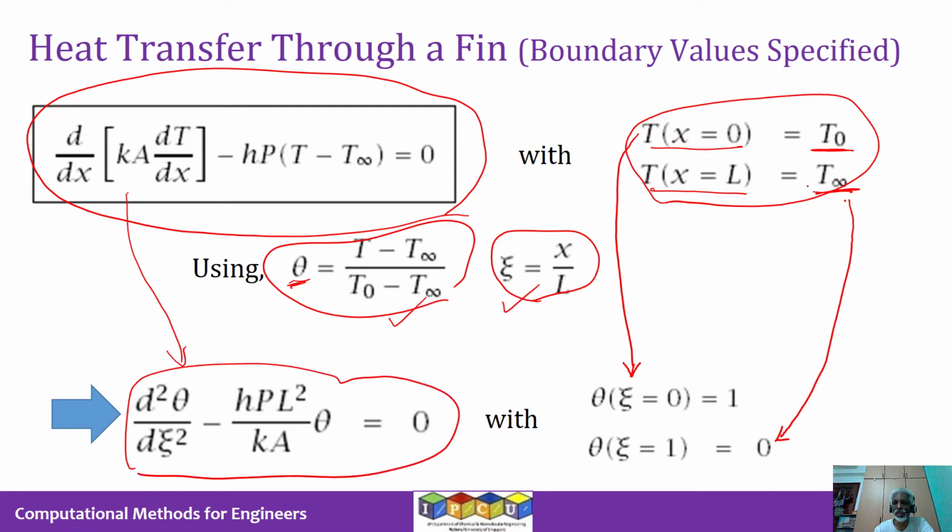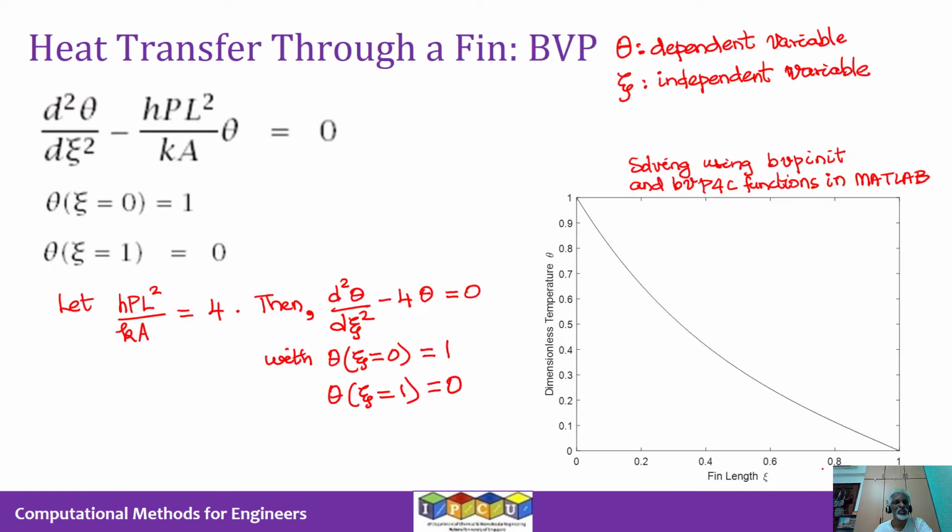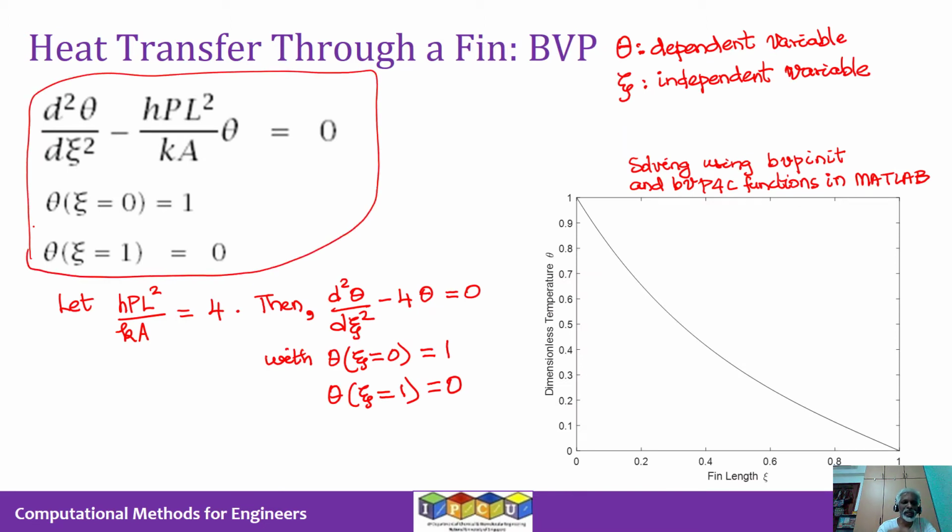And we are now able to transform the boundary conditions from the original variables in terms of the new variables like this. So this becomes our new problem. And for illustration purposes, I'm going to just let hPL squared by kA to be equal to 4.